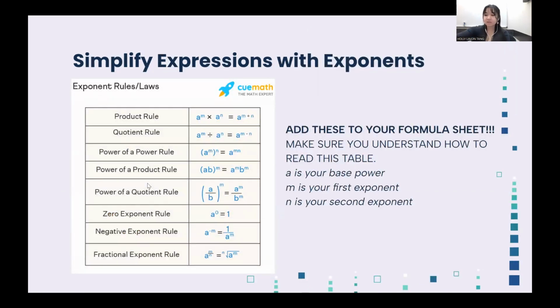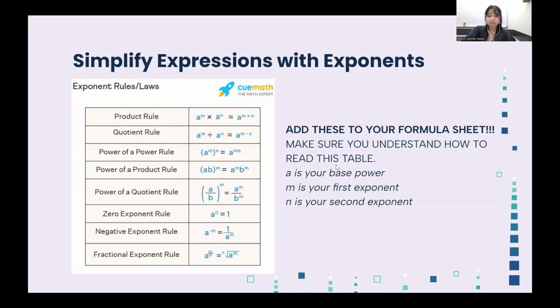So next we're just going to go over the exponents and some exponent rules. This is a table I found online, and it goes over all of the different rules that you might see. I recommend putting these on your formula sheet and make sure that you understand the notation, where a is your base, m is an exponent, and n is a different exponent.